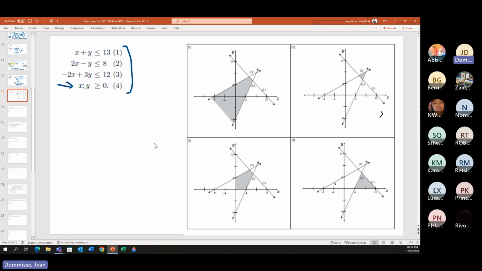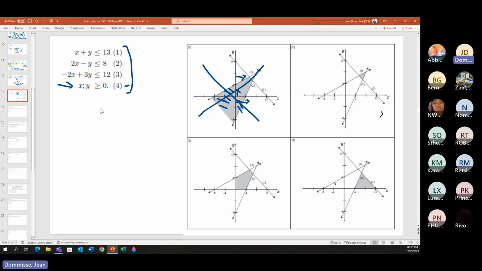That for me is always the first one that I will go to. That tells me y must be bigger than 0, so that part must not be there. X must be bigger than 0, so that part must also not be there. By just looking at the fourth option, I can already eliminate option 1.